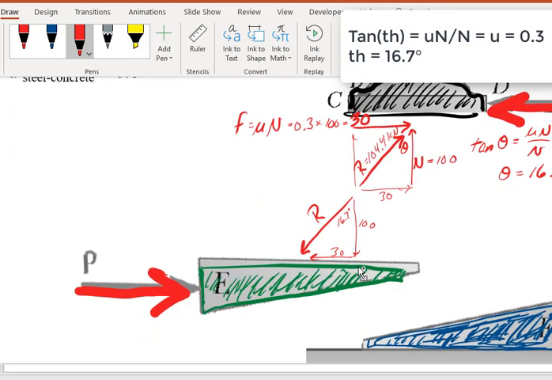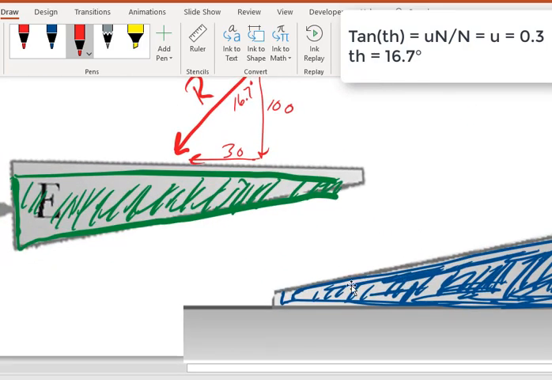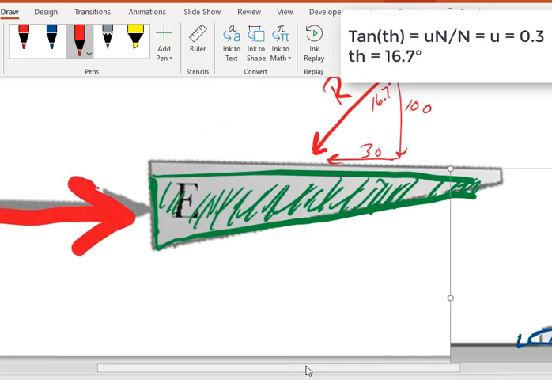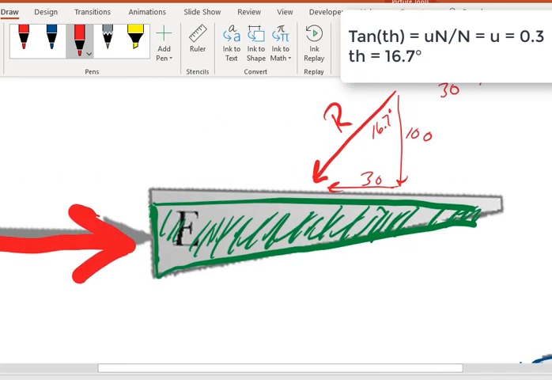Zooming in on the wedge, think about which direction that friction is going in. It's resisting motion. We're trying to push the wedge to the right, and the friction is resisting that motion and pushing back to the left. That's happening both on the top and the bottom, so friction is fighting it on both sides.